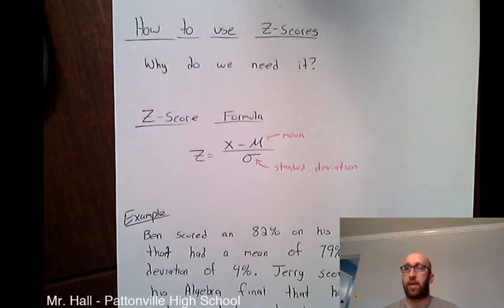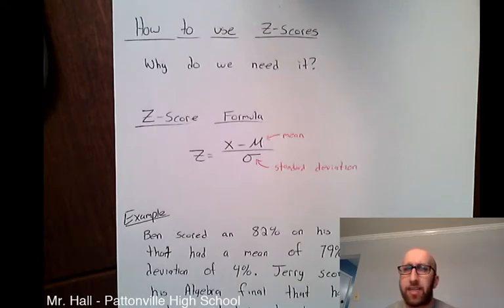But let's say you're trying to find a point that's not a full standard deviation above the mean, but a half standard deviation above the mean. The empirical rule no longer works in that case. So that's where z-scores come in. Z-scores are still going to accomplish everything the empirical rule does, but they're going to do more. So it does everything the empirical rule does and more.